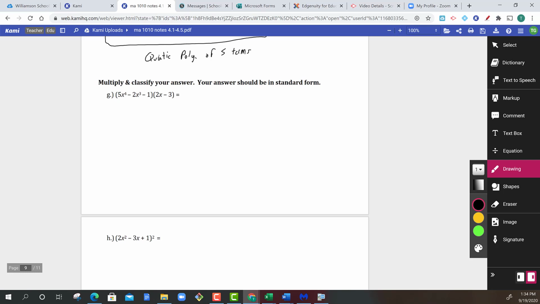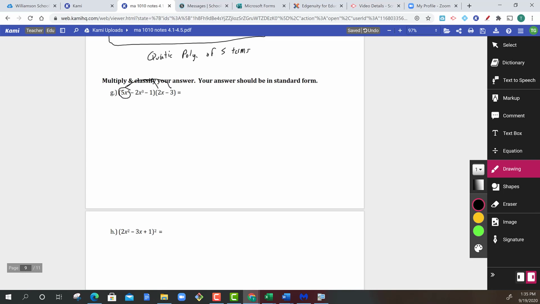I'm going to take this first term, 5x to the fourth, and first distribute it to that second parenthesis. So 5x to the fourth times 2x is 10x to the fifth, and 5x to the fourth times negative 3 is negative 15x to the fourth. So we multiply the coefficients, and then we add the exponents of the variables.